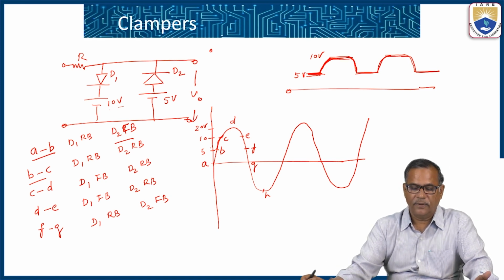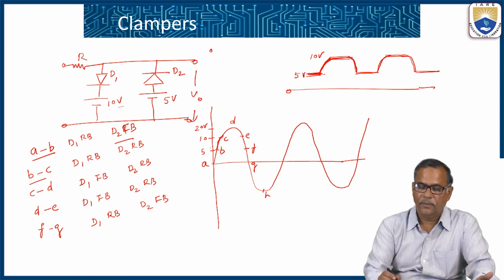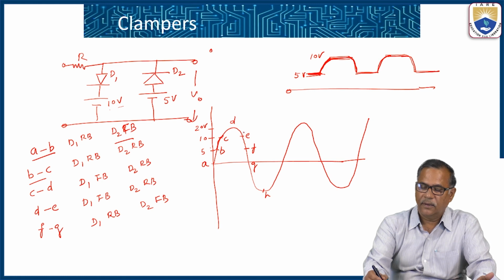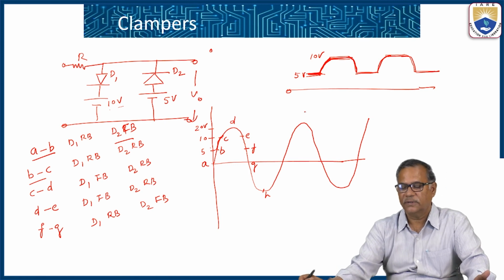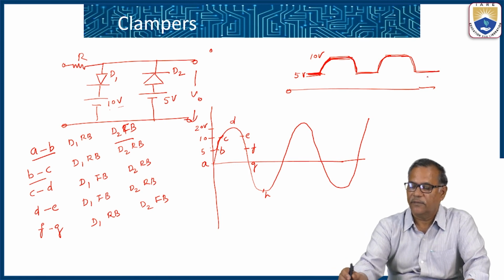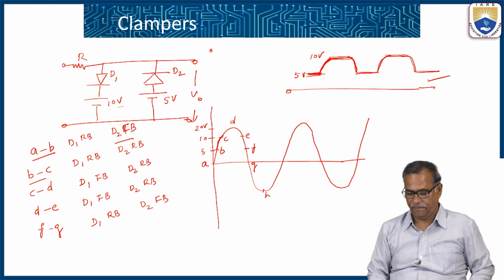And again between D and E, the output voltage is equal to the input signal, and we get the waveform in this fashion.